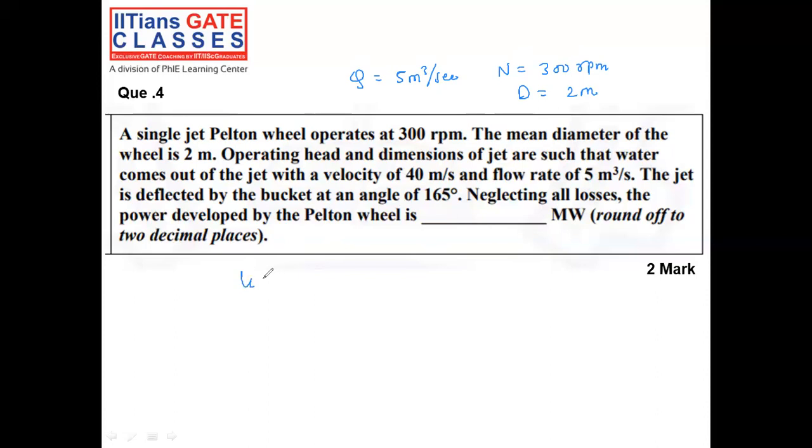From this data, we can calculate blade or bucket speed, that is pi d n by 60. Pi into d into 300 by 60. If you calculate, you are going to get approximately 31.416 meter per second.